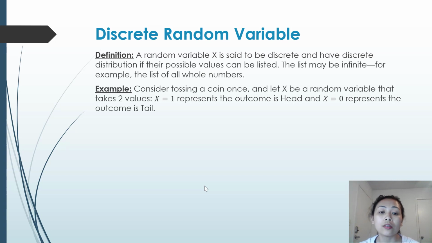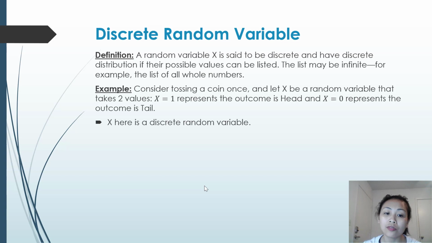X is 1 means the outcome is head and 0 means the outcome is tail. So in this case, x here is a discrete random variable because its values can be listed. We have only two possible values, 1 and 0.